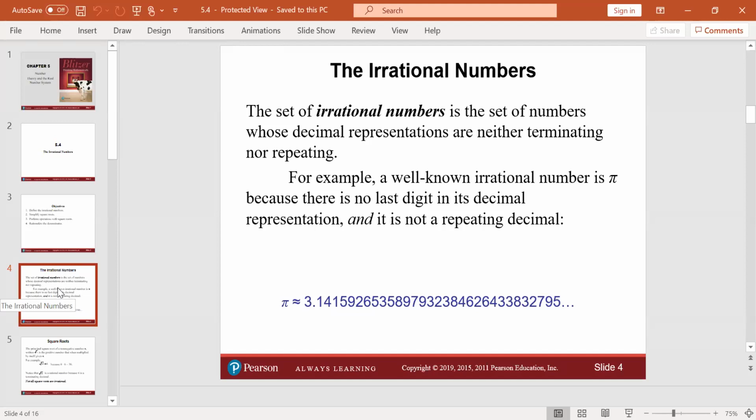So the set of irrational numbers is the set of numbers whose decimal representations are neither terminating nor repeating. For example, a well-known irrational number is pi. So again, we should have had experience with pi before.